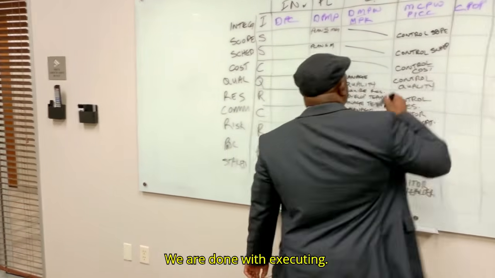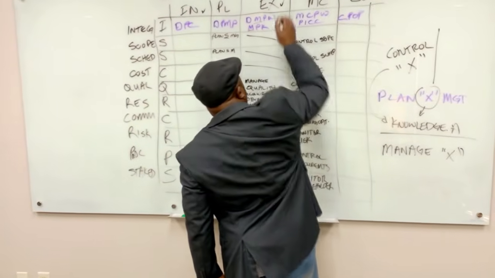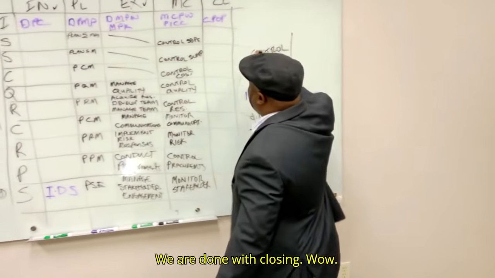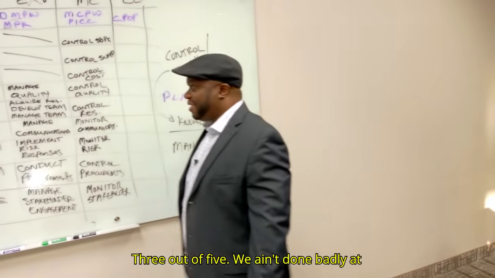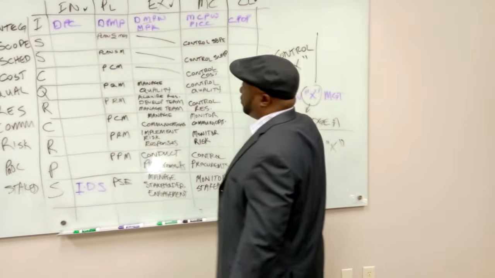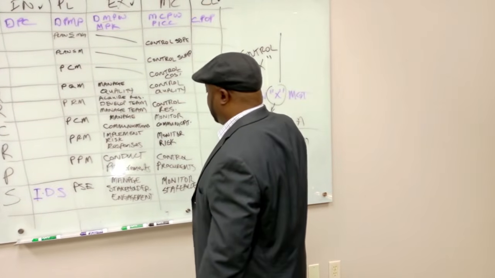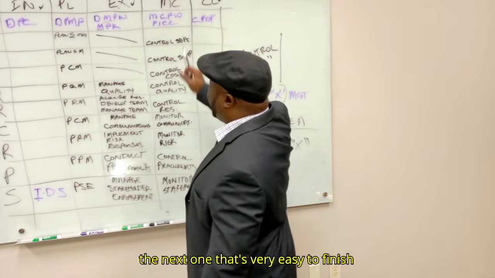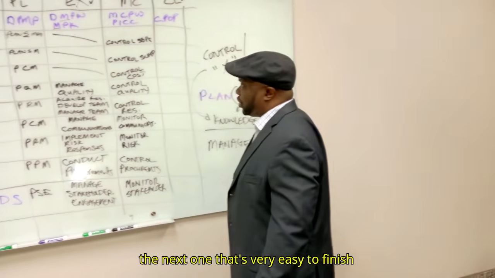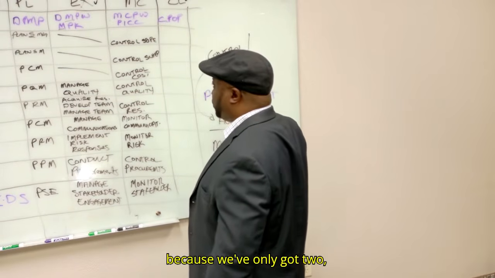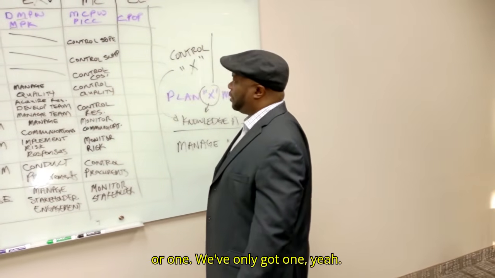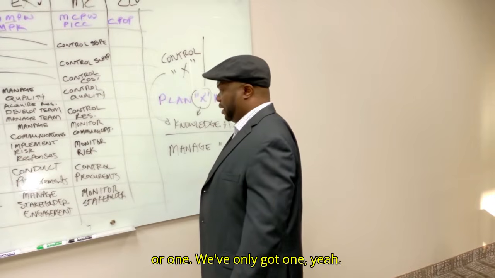We are done with executing. We are done with closing. Wow. 3 out of 5. We ain't done badly at all. So the next one that's very easy to finish off is monitoring and controlling, because we've only got 1.